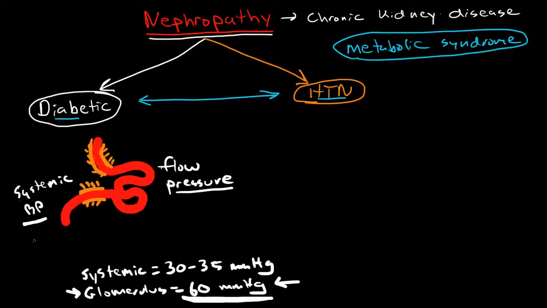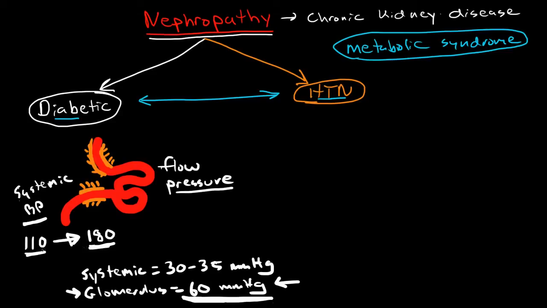So we can have wild swings in systemic blood pressure, and we do on a daily basis. If you take your blood pressure first thing in the morning and you haven't gotten up from bed yet, it may be a little bit below what we consider normal, systolic of 120. And we head out to the gym and step up on the treadmill and start working out. Even a healthy person will have a systolic that quickly rises to 180.